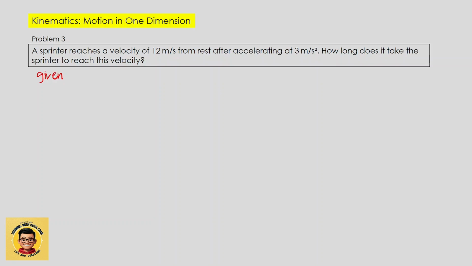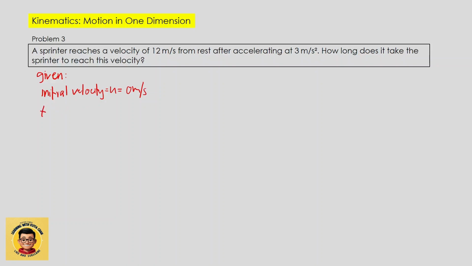Based on the problem, it has stated that the sprinter started from rest. So that means our initial velocity will be equal to 0 meter per second.